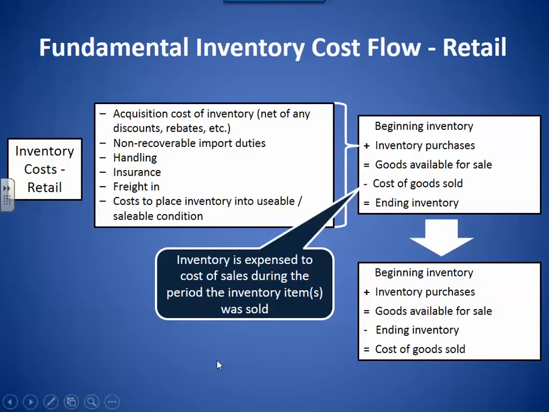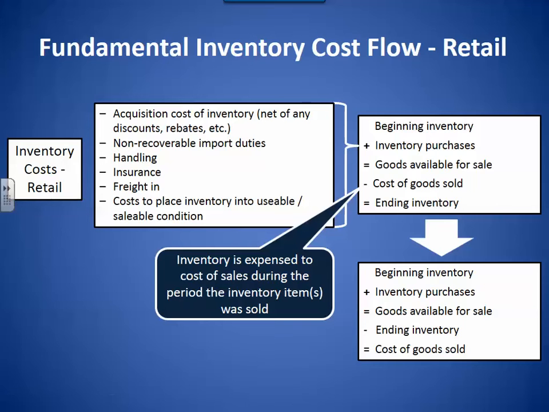Now, what I've also added here is some additional information regarding inventory cost. Typically, inventory cost includes the following: the acquisition cost of the inventory itself, which would be net of any discounts or rebates, so inventory goes in at a net purchase price. We also add in any non-recoverable import duties.